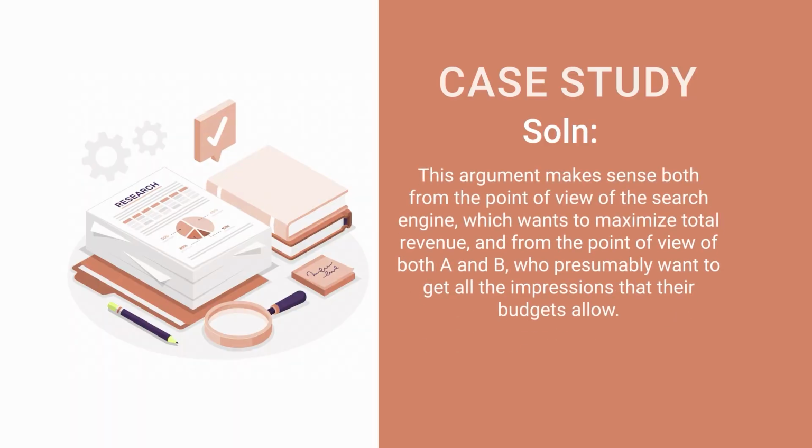This argument makes sense both from the point of view of the search engine, which wants to maximize the total revenue, and from the point of view of both A and B, who presumably want to get all the impressions that their budget allows.